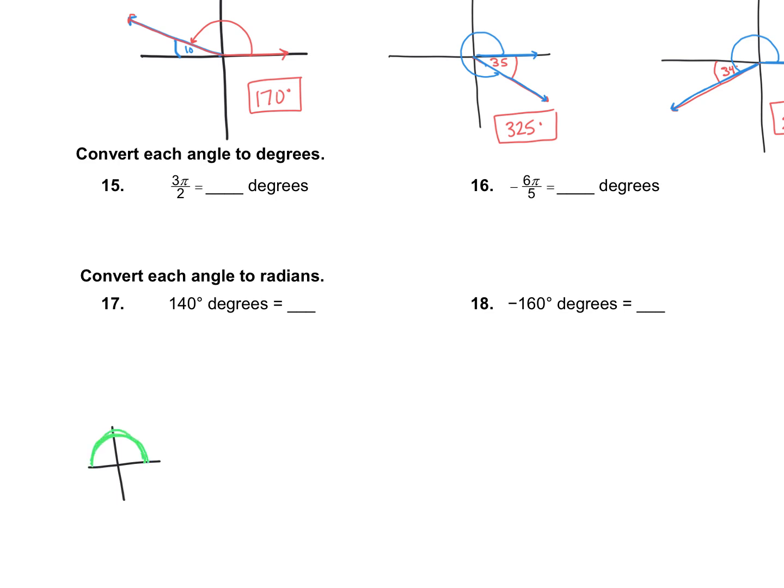So 180 and pi are the same angle measure. So we can use a conversion fraction with 180 and pi. So we have 180 over pi or pi over 180. We can multiply our angle by one of these two conversion fractions to get it into the other unit.